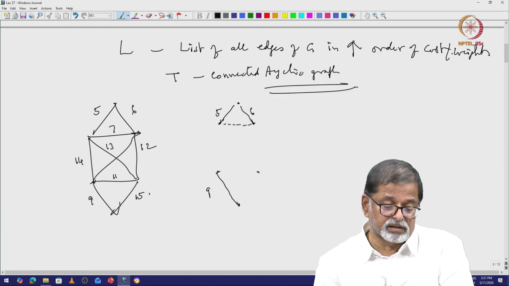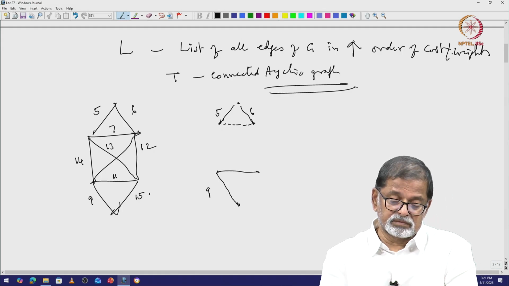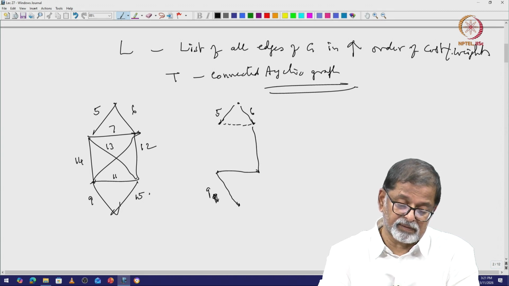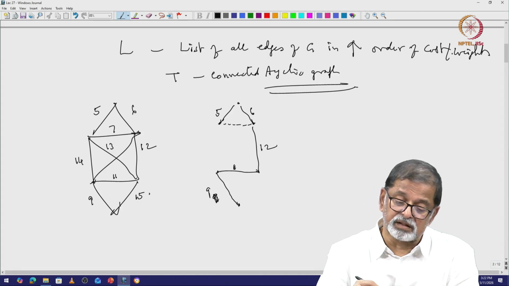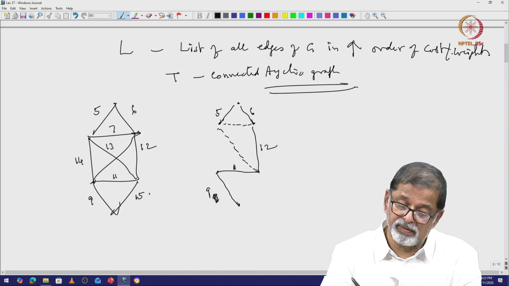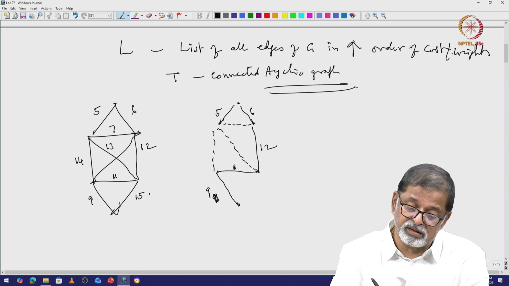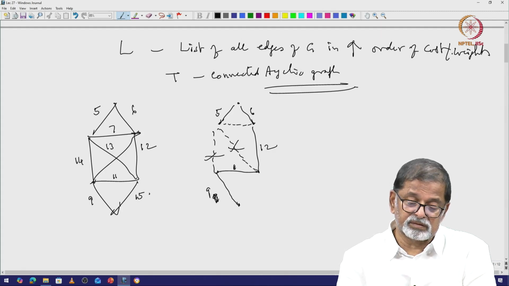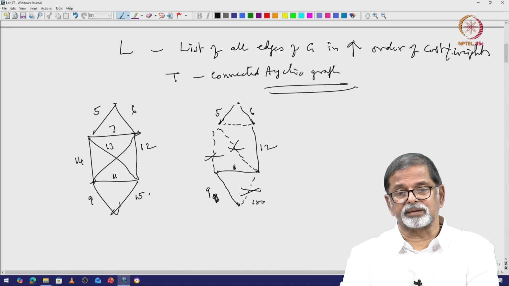Then 11, 12. 13 forms a cycle, I ignore it. 14 forms a cycle, I ignore it. 15 forms a cycle, I ignore them.